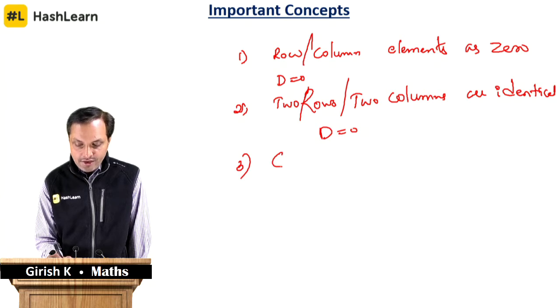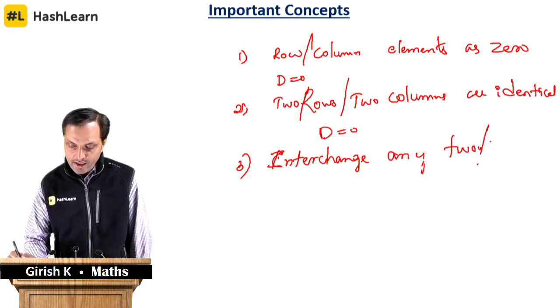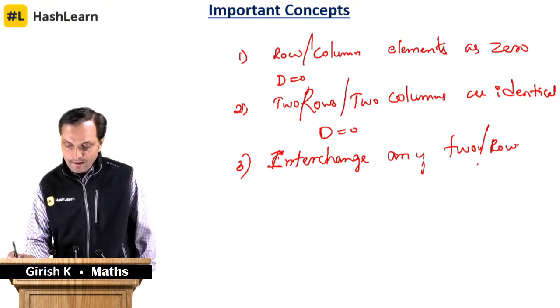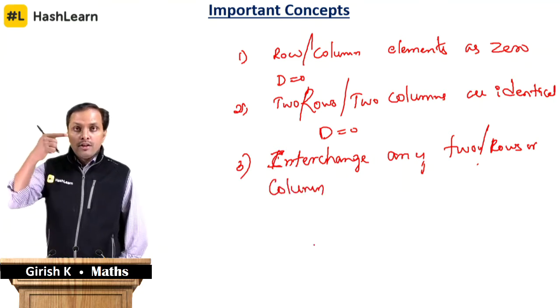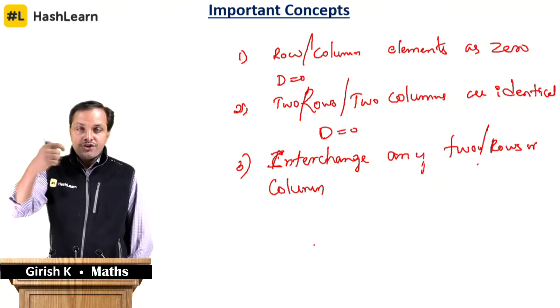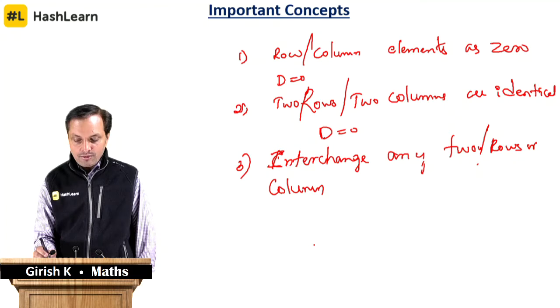Then, interchange any two rows or columns, for example R1 and R2 interchanged, or C2 and C3 interchanged. What happens?